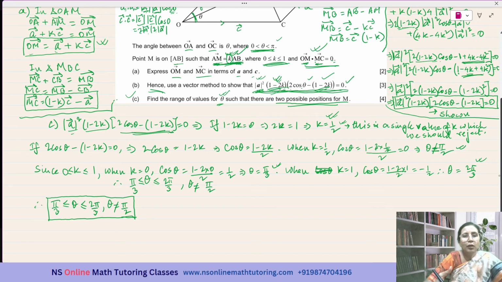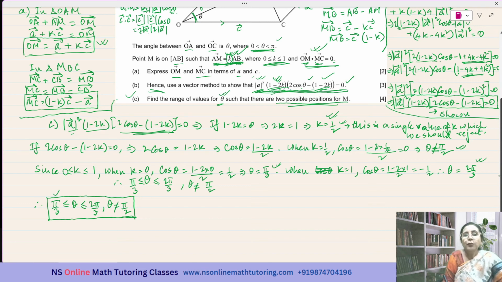How can you say that you will be having multiple values of k when theta is between pi over 3 and 2 pi over 3, both included? Okay, let me show you. When you are having, let me take the theta value as pi over 3.